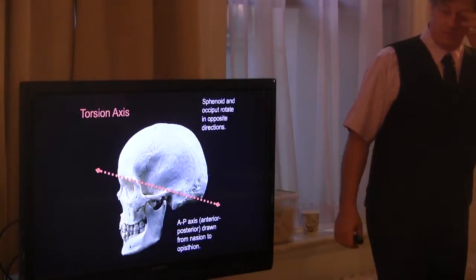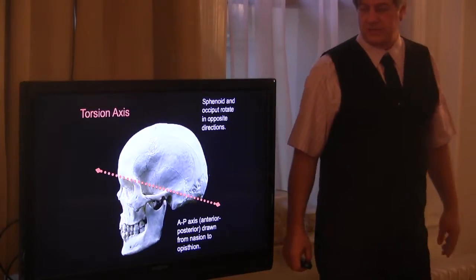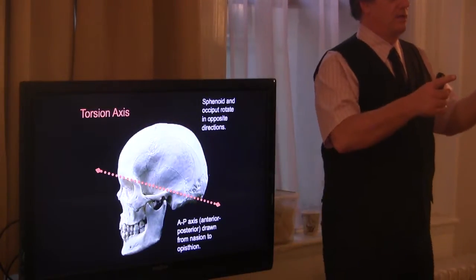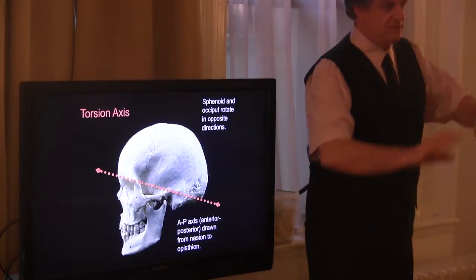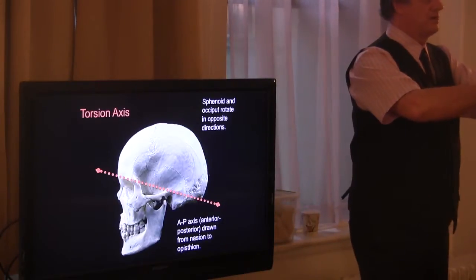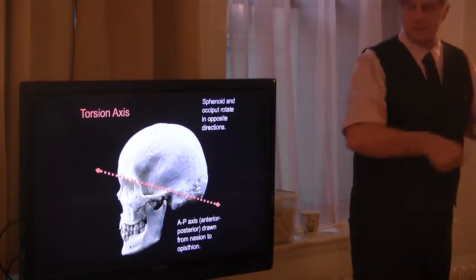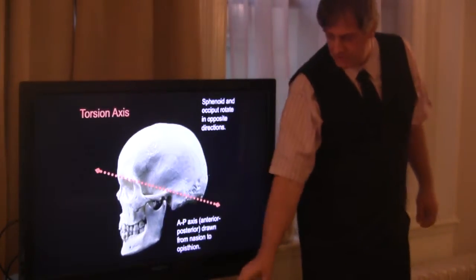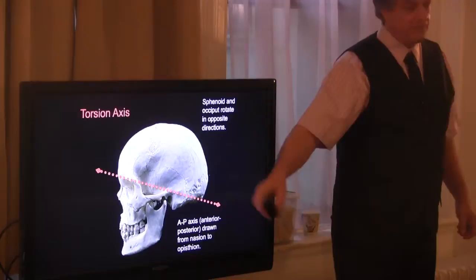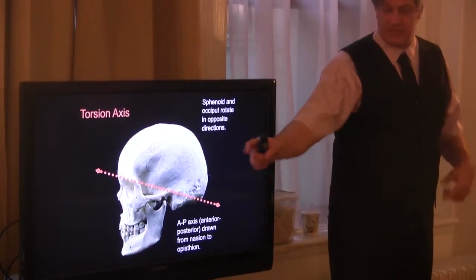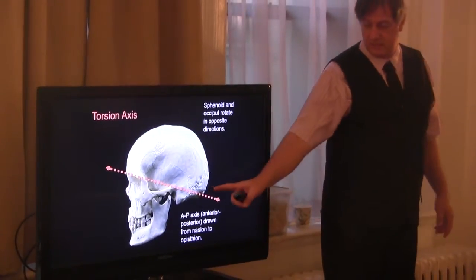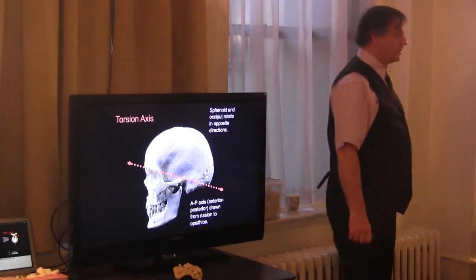Torsion dysfunctions. Torsion is just a mechanical term. It's the way you get water out of the dish rag, if the dish rag has an axis between your hands and you twist in opposite directions. So to describe a torsion dysfunction, what we did was draw an AP diameter from nasion to opisthion, if you read the cranial books.